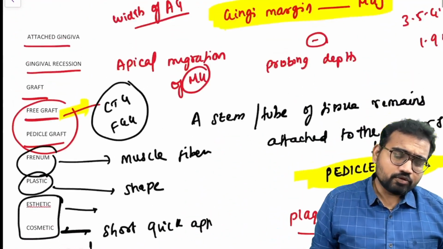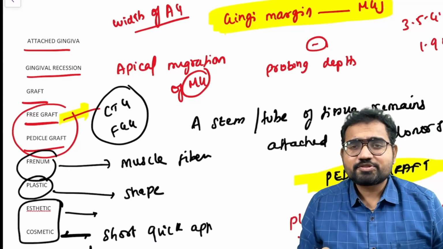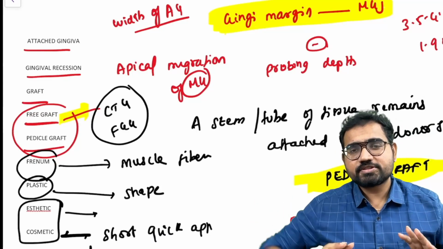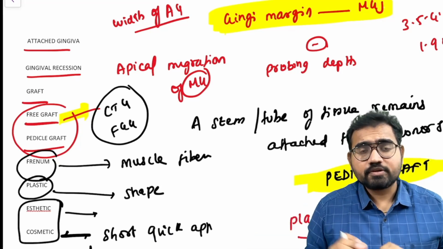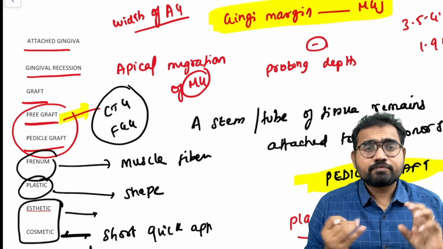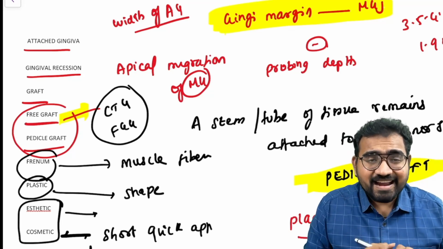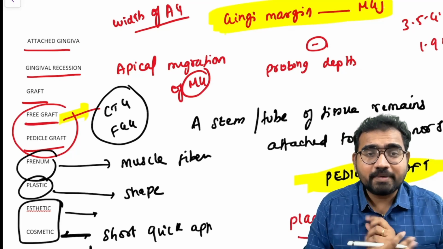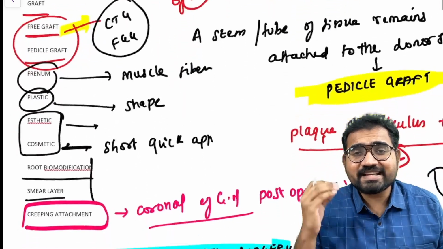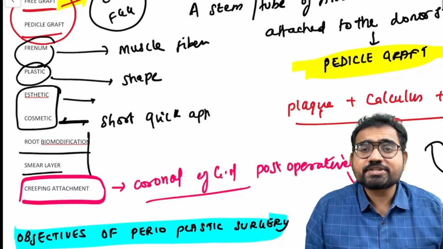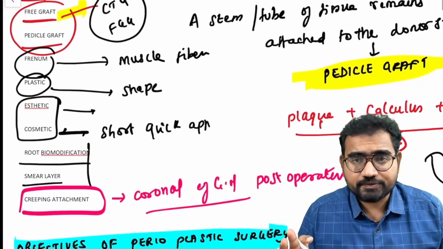Now we have looked at various terminologies before moving into mucosal surgery or perioplastic surgery. First was attached gingiva, gingival recession, graft, free graft, pedicle graft, frenum. What do you mean by plastic, aesthetic, cosmetic, root biomodification, smear layer, and creeping attachment?